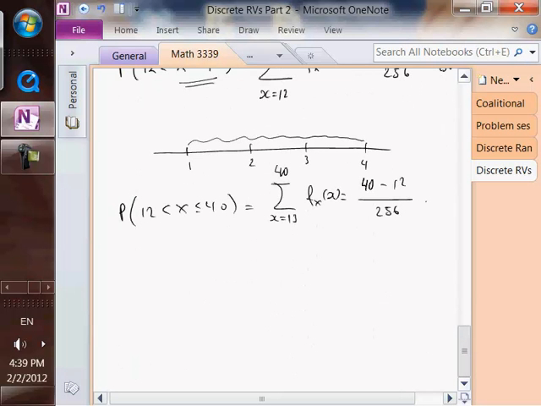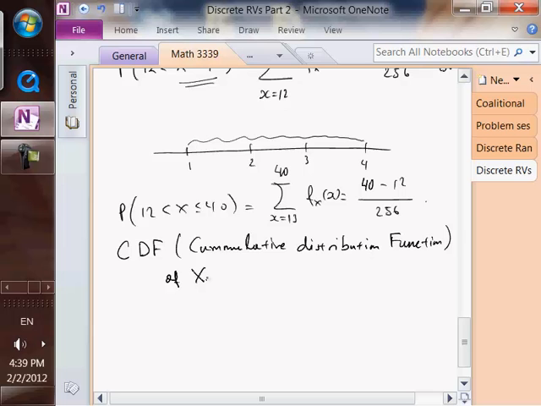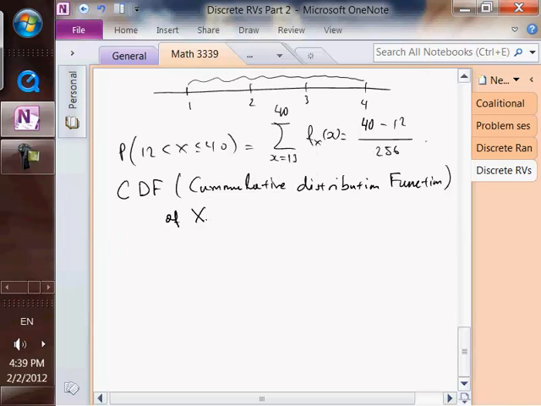Now, with this example, I want you to find the distribution function, what we call the cumulative distribution function, CDF, or simply distribution function, hence the term distribution I used before, of X. So what is this function?